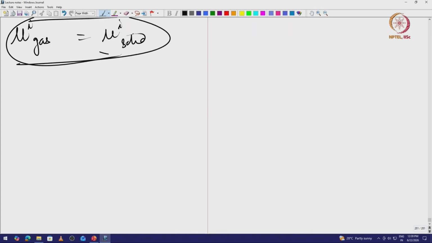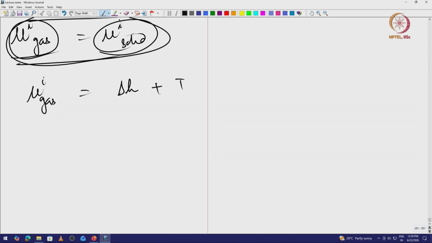And in the solid phase, how do I estimate the mu of that atom? I look at mu of that atom in the gas phase. Now, in general mu has a delta H component plus a T delta S component. Now, the delta H component is the enthalpy. What enthalpy is this?